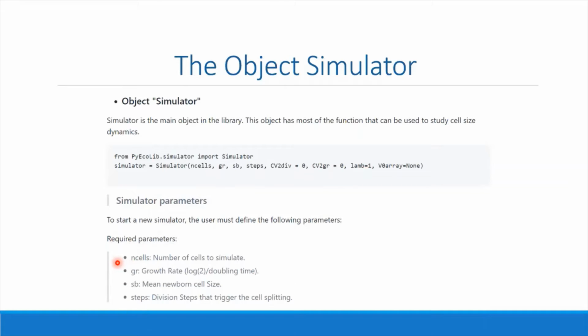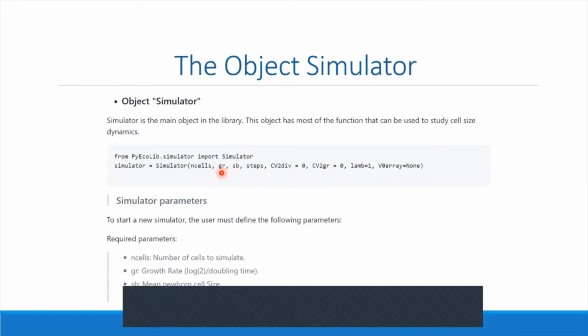enough RAM memory. Then gr, which comes from growth rate, tells you how fast the cells grow. SB, which is the mean newborn cell size, gives you approximately the scale of the bacteria during the simulation.